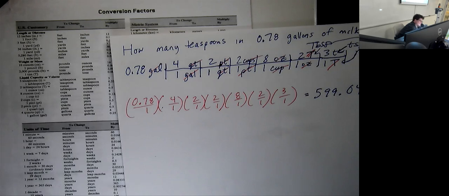It seems right. 768 times 0.78 should be around 600. And that's in teaspoons.